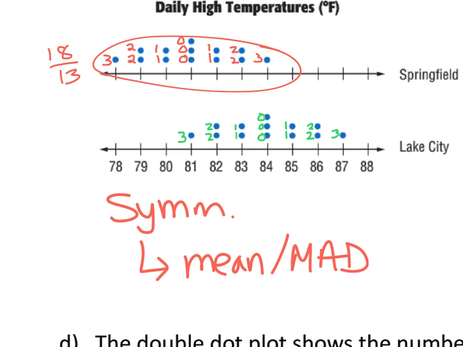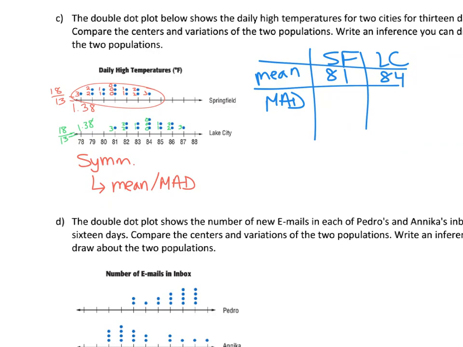So now divide 18 divided by 13, and we get, rounded, 1.38. Let's do the same down here. The total is 18 again, and there are 13 points. It's the same thing, so I'm just going to write 1.38 again. So the mean absolute deviation for both of these is 1.38.